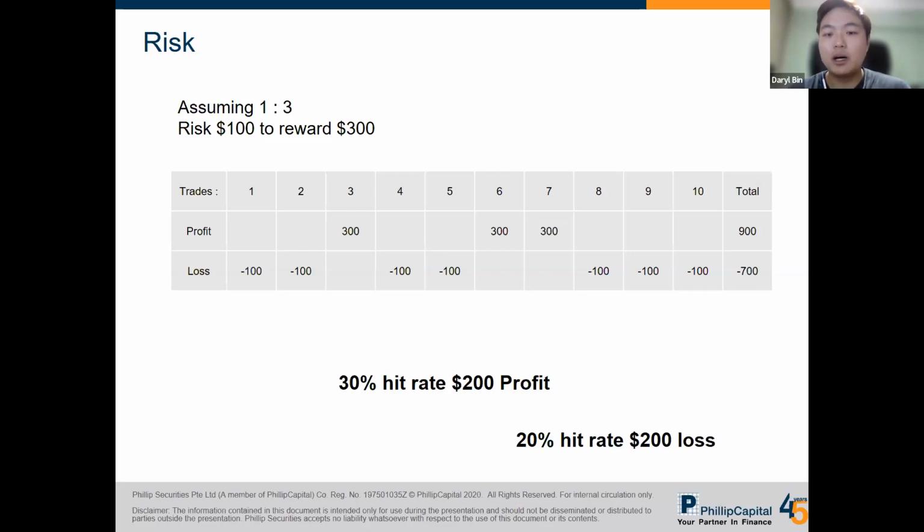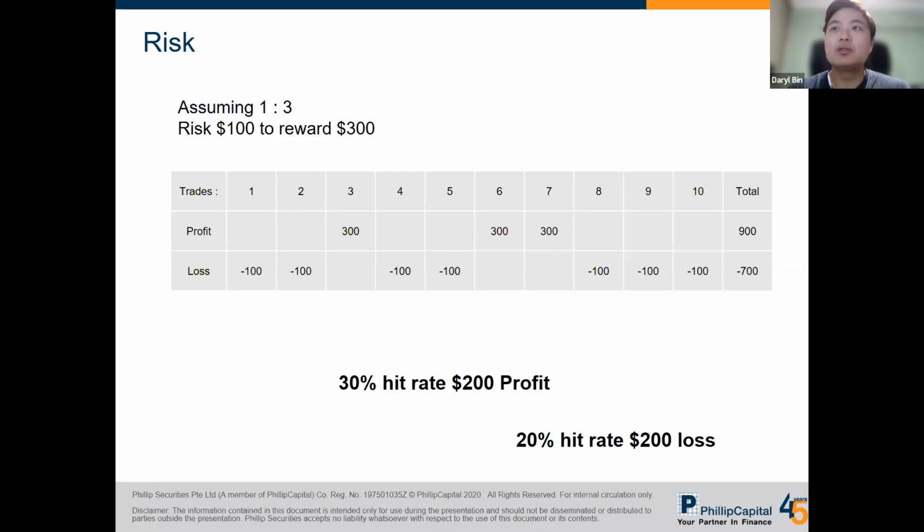If we sum it all up, you actually have a 30% hit rate. So overall, you will be profiting $200. As long as you hit 3 out of the 10, then you're actually profiting. So if you have proper risk management and a risk to reward ratio, and you stick to the same strategy, ideally you will be profiting.